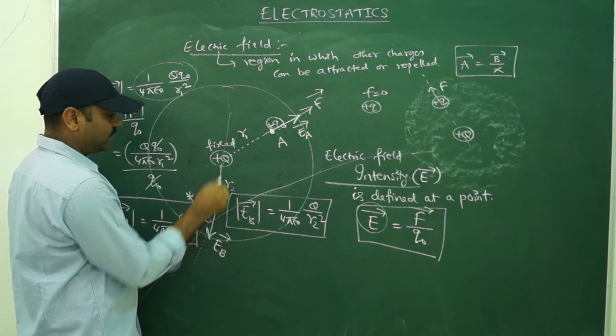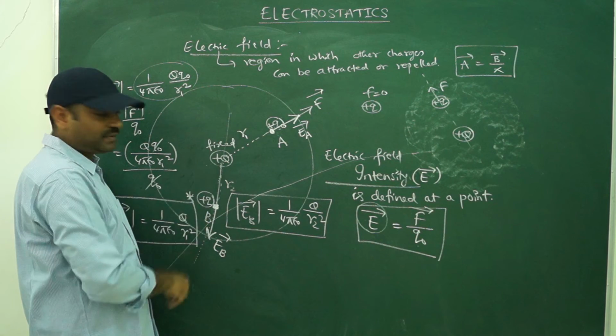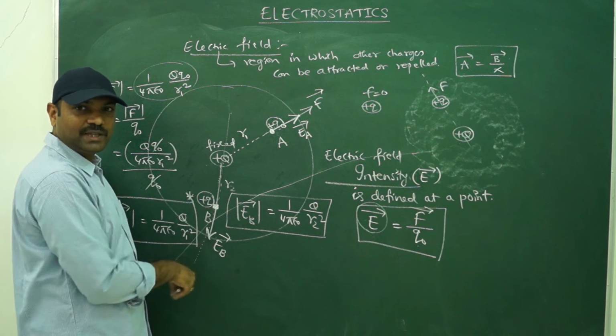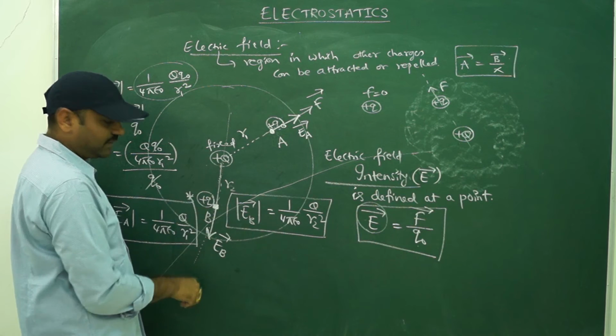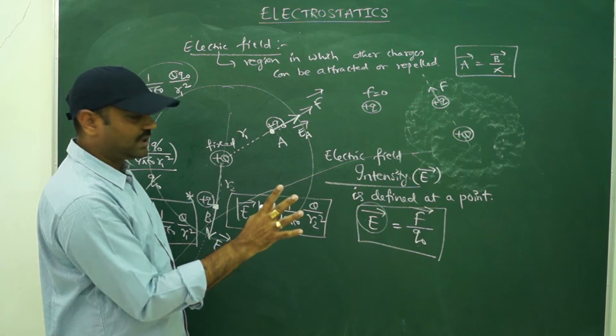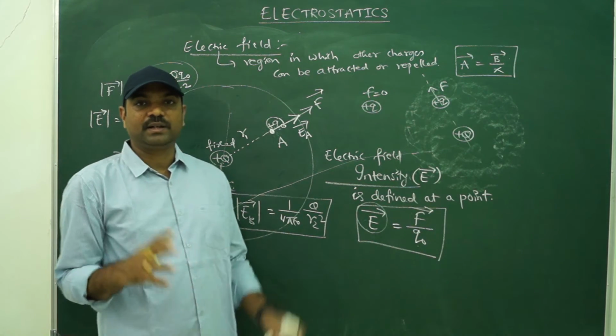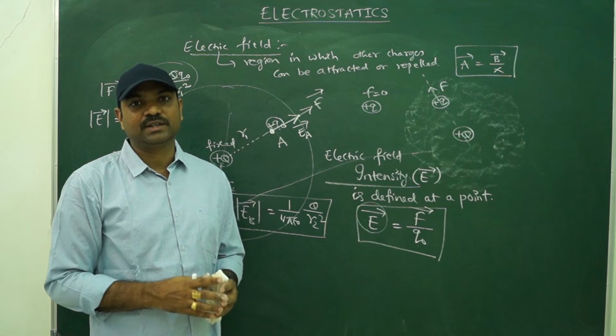Whatever point you are taking, whatever charge you are taking, if you join those two with a line, along that line the field will be there. If the charge is positive, the field will be away. In this way we can identify the direction, and also the magnitude, of the electric field intensity.